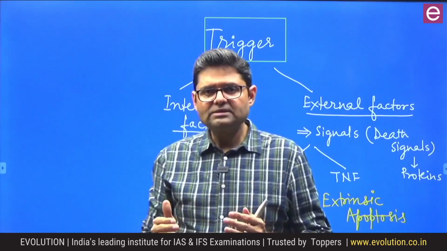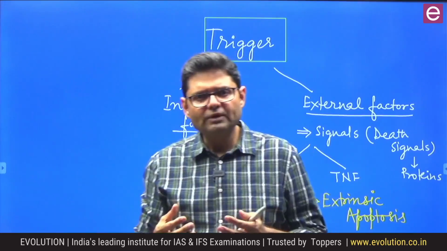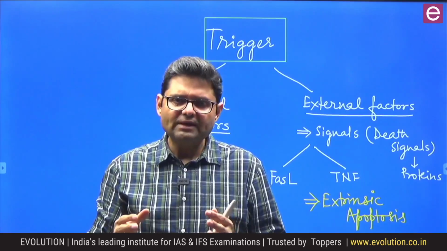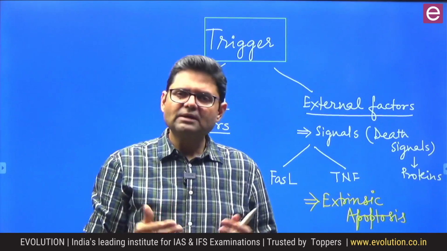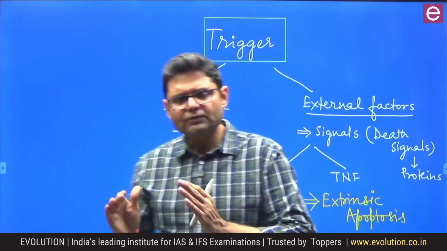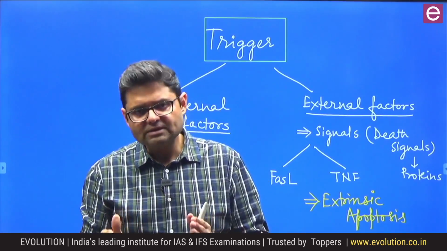If the cell is losing its survival factors, there are specific proteins which keep the cellular processes going on. So if the cell is lacking those survival factors, the cell will be pushed towards death. So there are a whole lot of intrinsic factors which will be causing the death of the cell.